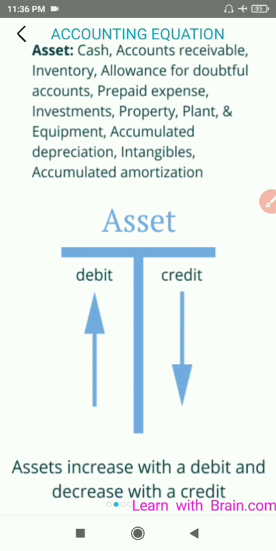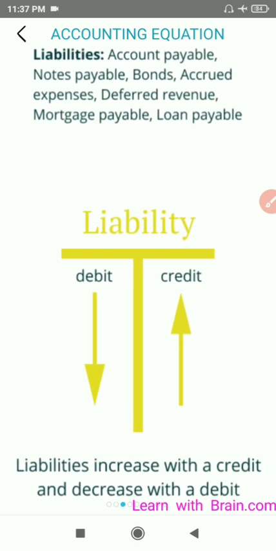These are all assets. They have the same accounting treatment. If an asset increases, debit the asset account. If an asset decreases, credit the asset account.